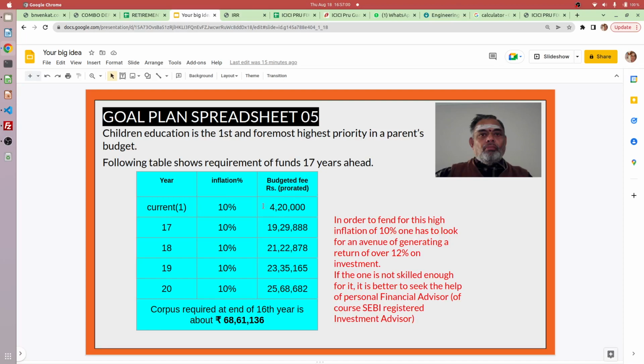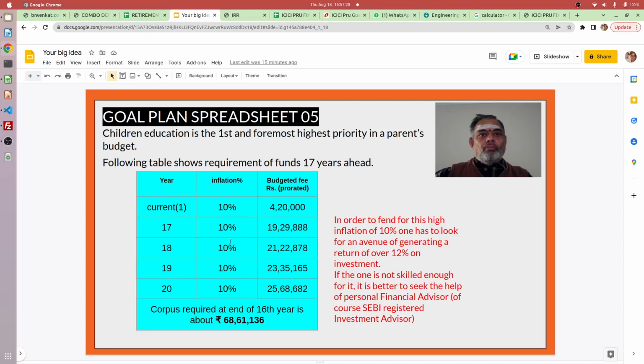The budget fee prorated at current level is 4,20,000, that is 35,000 rupees per month. It's the college fee expenses, and for that we have to fund it. At 17 years, the present 4.2 lakh would be costing around 19 lakhs.